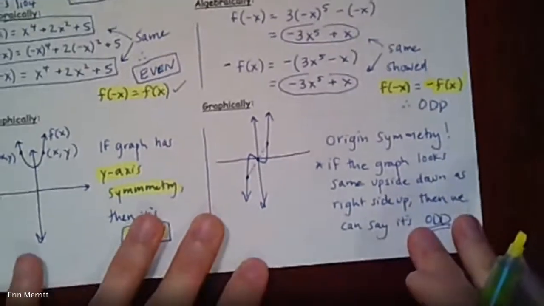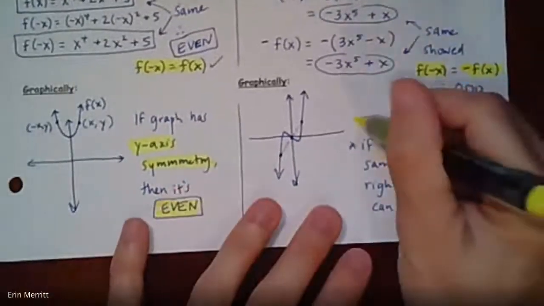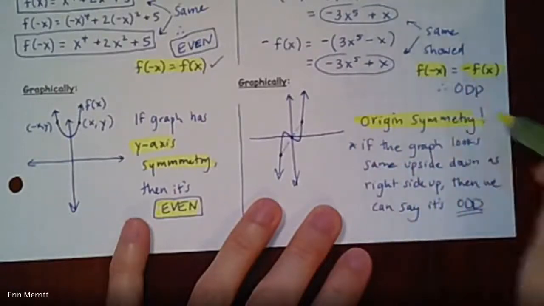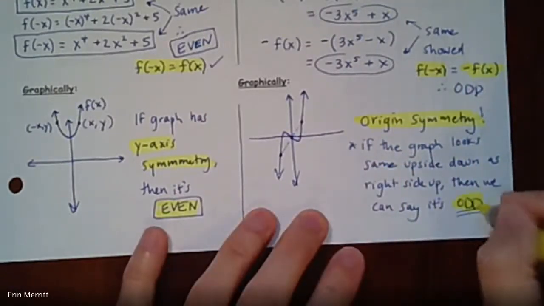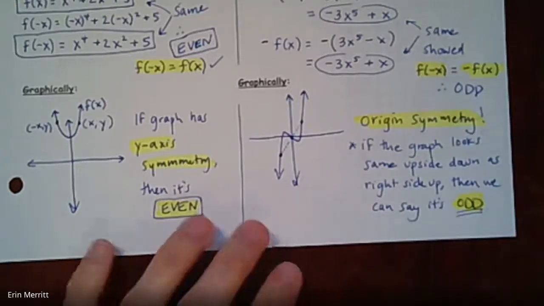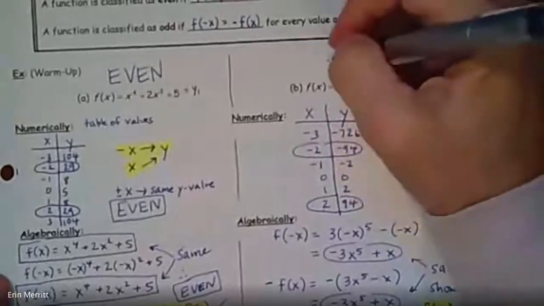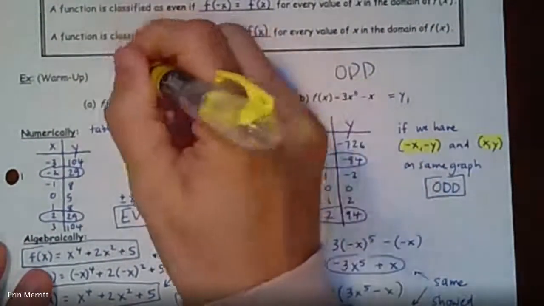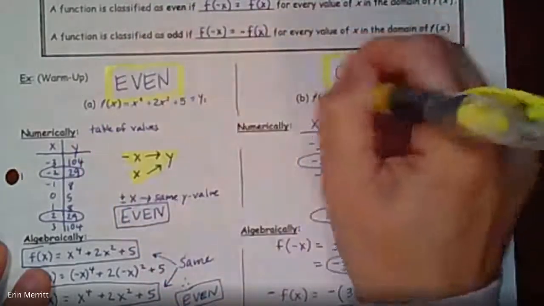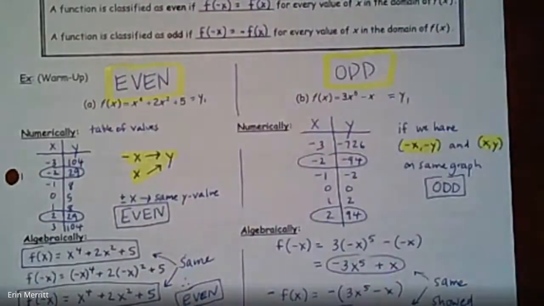And lastly, if it has origin symmetry or point symmetry about the origin, you can think of it that way, then all of those, we can conclude that we are looking at an odd function. So it does help to either highlight or underline or kind of rule out that, hey, everything on the left is about an even function. Everything on the right is about an odd function.